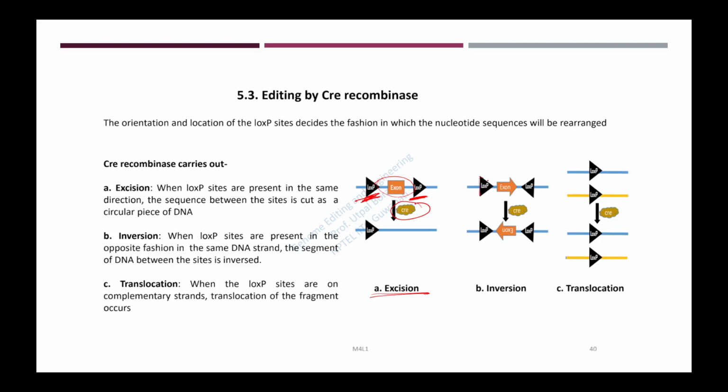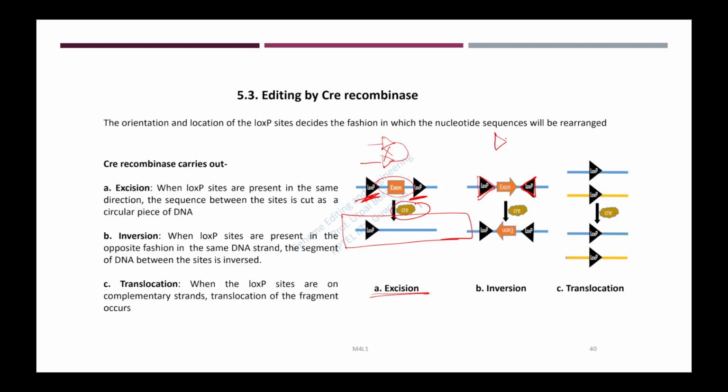Similarly, if the LOXP sequences are in opposite direction, then it will cause the inversion of the gene of interest because of the alignment. Like here in this case, it is aligning like this. Recombination will take place here, and this particular extra portion will be deleted, and this will be the outcome.